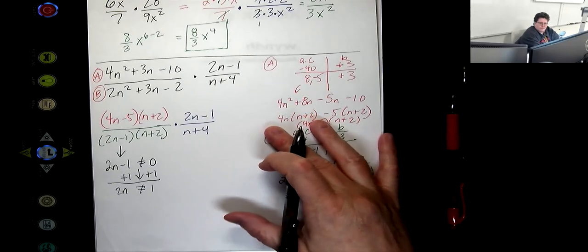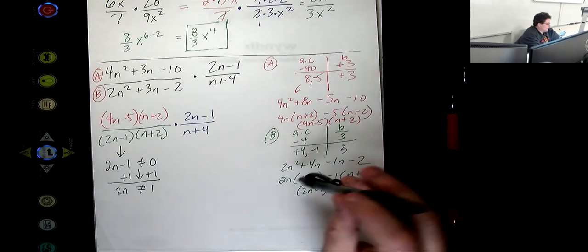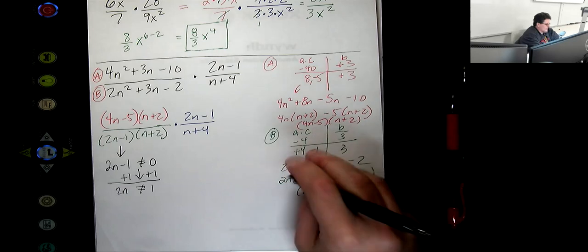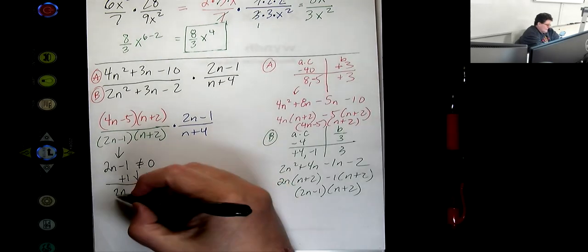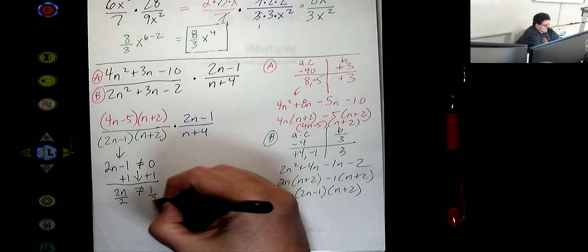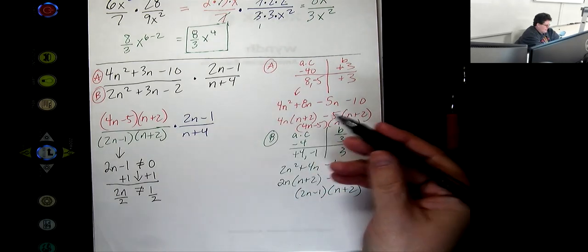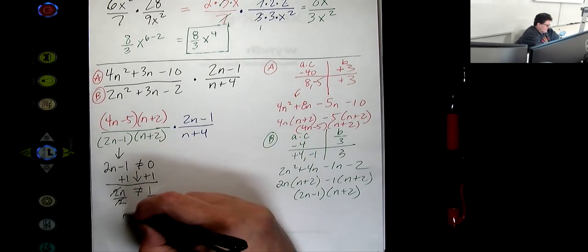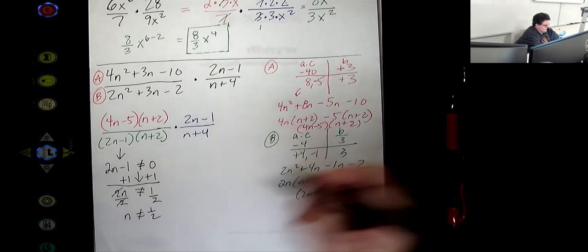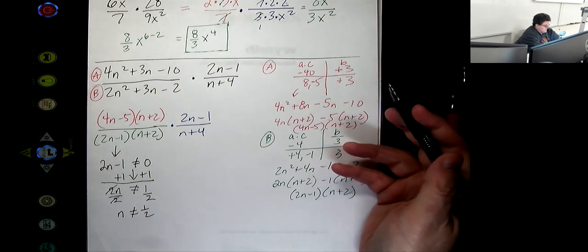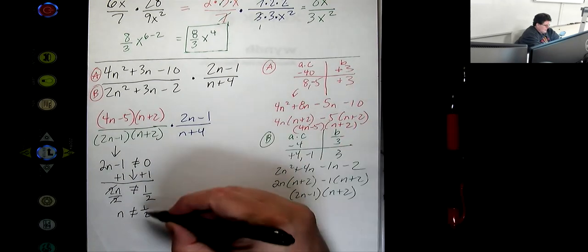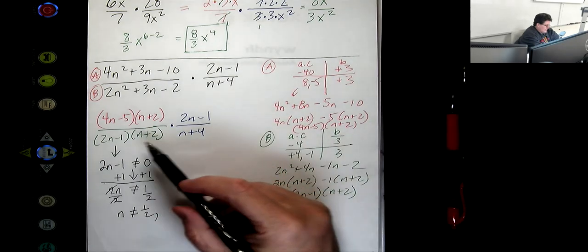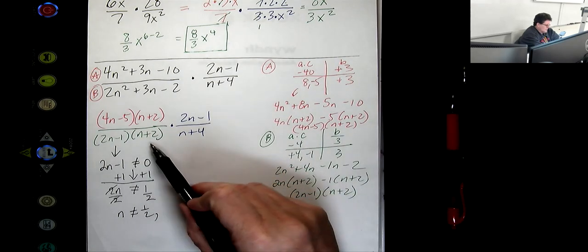And right now n is multiplied by 2. Division undoes multiplication, so I can divide both sides by 2. And if I do, the 2's cancel and I get n cannot equal 1/2. The other ones you can do by inspection.